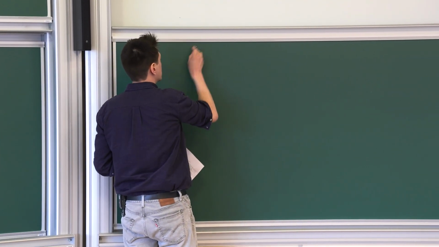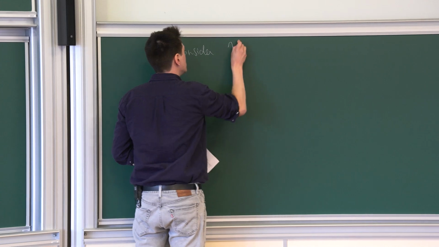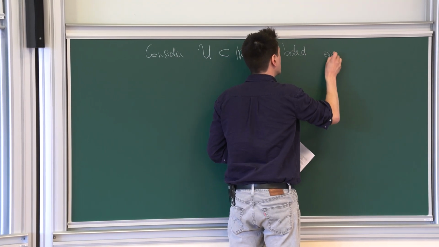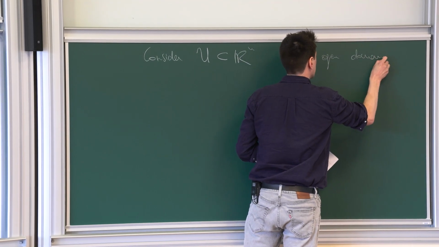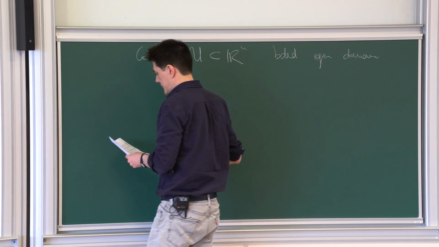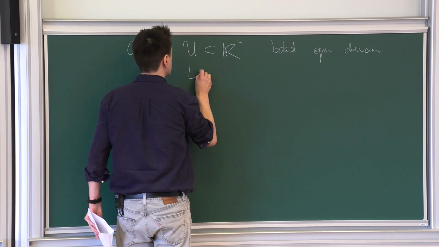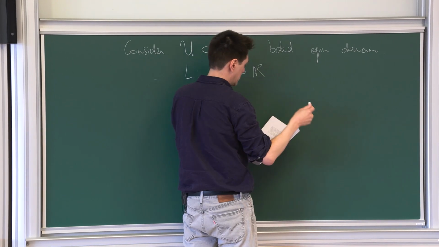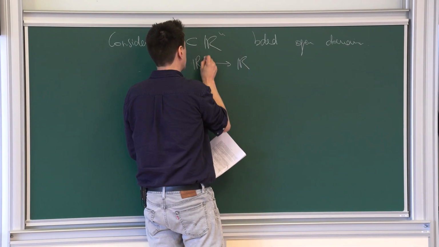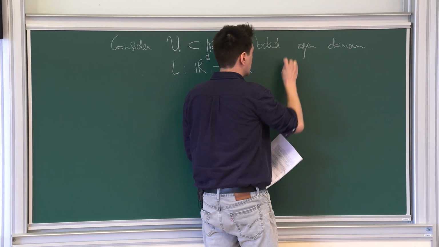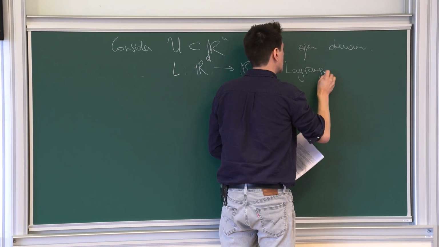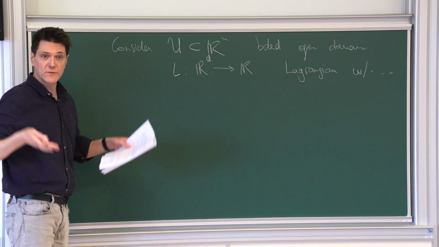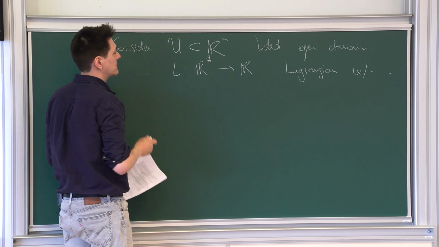So let's consider U a bounded open domain in Rn, and let's consider L a Lagrangian, which goes from Rn to R, and we'll have to assume something in a second, typically some sort of growth, some sort of maybe coercivity, convexity.